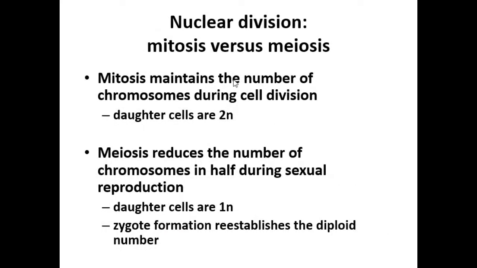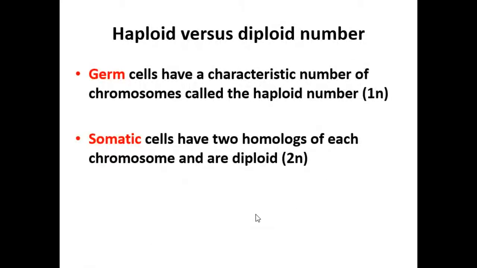So mitosis maintains the number of chromosomes during cell division, 2n, diploid. And then meiosis reduces the number of chromosomes in half during sexual reproduction, so the daughter cell is 1n, haploid, all right? Once you have zygote formation, you reestablish a diploid, because 1n plus 1n is 2n, the diploid number. So the haploid versus diploid number.